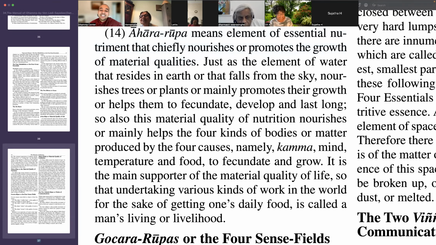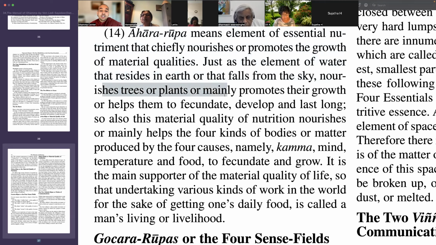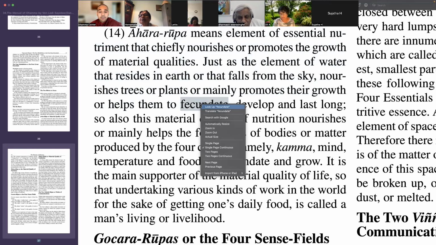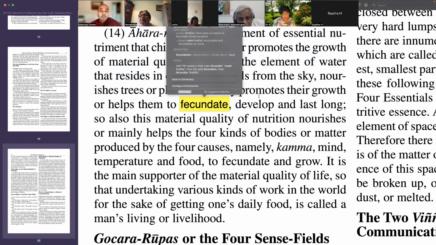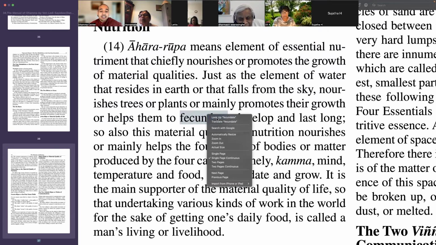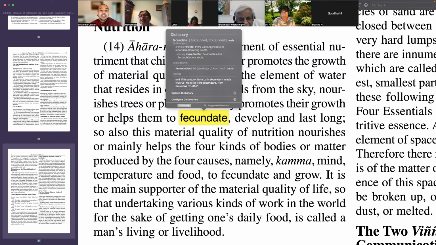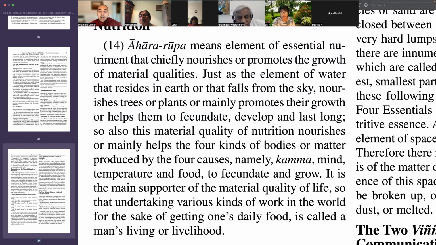Just as the element of water that resides in earth or that falls from the sky nourishes trees or plants or mainly promotes their growth or helps them to fecundate. What is fecundate? Fertilize, right?